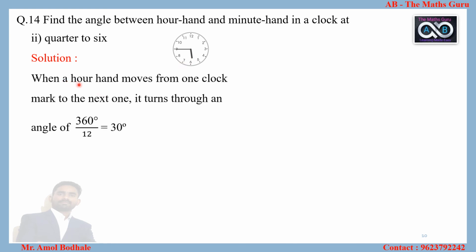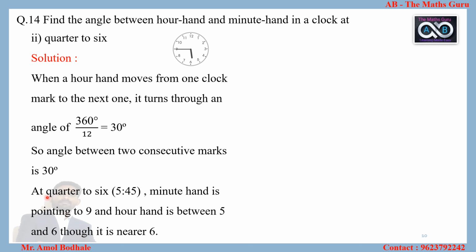When an hour hand moves from one clock mark to the next one, it turns through an angle of 360 upon 12, which is 30 degrees. That is, the angle between any two consecutive marks is 30 degrees. At 5:45, the minute hand is pointing to 9 and the hour hand is in between marks 5 and 6, near to 6.